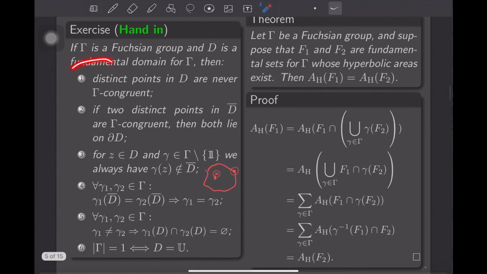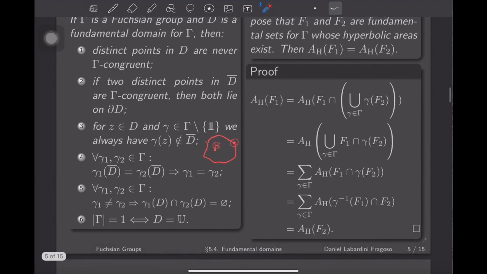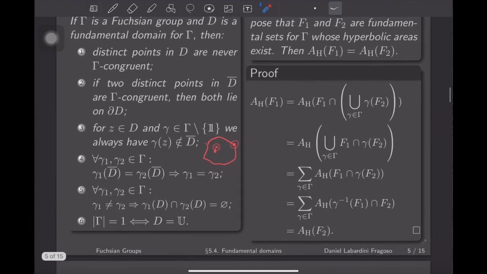Contradiction with one, right? So for instance, I pretty much argued 3 for U, and then if you think about it a little bit, when you read the exercise, 3 and 2 are closely related, right? I mean, if I have 2 points in D bar and they are gamma congruent, then it cannot be that one of them is in D, because then I apply the argument I just gave. Okay, and then similarly, you see, for instance, 5.